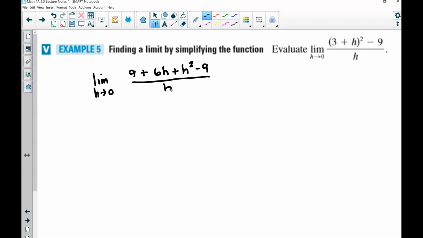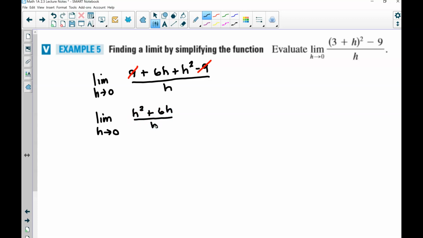Now that we've expanded the numerator by multiplying that out, we can see that we can eliminate the 9. So now we can write this down as the limit as h approaches 0. The 9's are no longer there, and if we rewrite this, we should have h squared plus 6h divided by h.